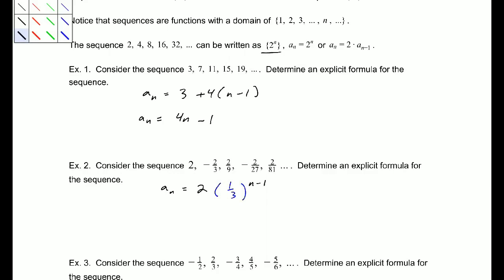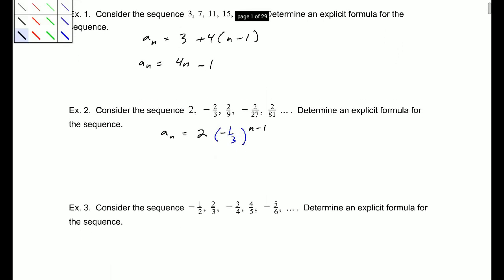Now, there's one thing that does not account for, and that is the changing of positive to negative. So I'm going to go ahead and make this a negative 1/3. Every time you write a formula like this, you want to take values of n and try that out and make sure that a sub 1 is in fact 2. If I plug in a value of 1, that is 2. If I plug in a value of 2, that is negative 2/3. That's good, so it does in fact work.